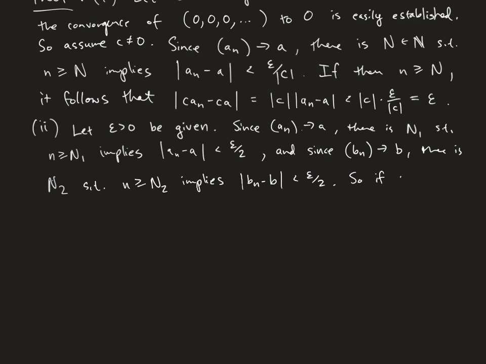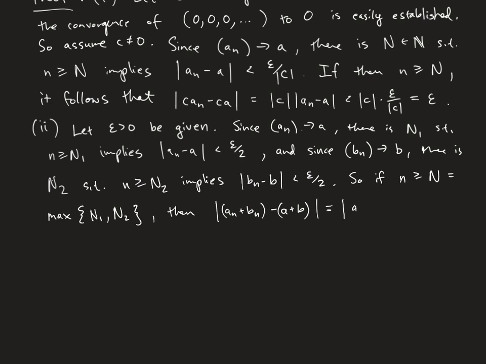So if n is bigger than or equal to big N, and big N here will be defined to be the maximum of N1 and N2, then the difference between An plus Bn and A plus B, we're just repeating our computation now.